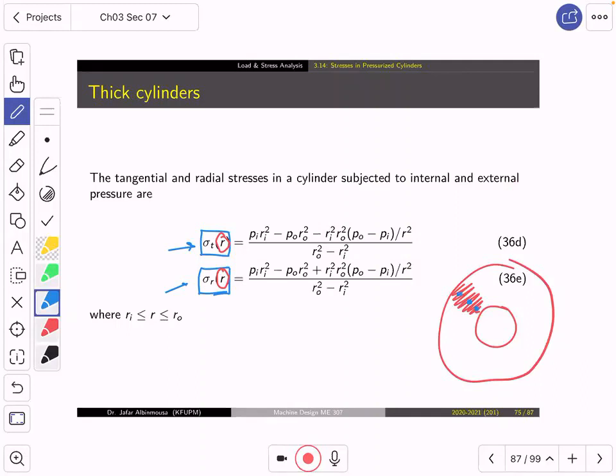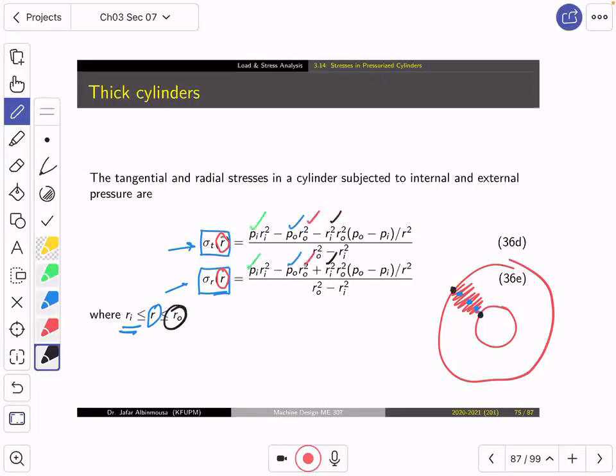And the R, ya shabab, can reach RI, which means the equation is valid on this point, and also you can reach R0, which means that this equation is valid on the top. So, if you look, this equation is a function of PI, a function of P0, a function of R0, and a function of RI.